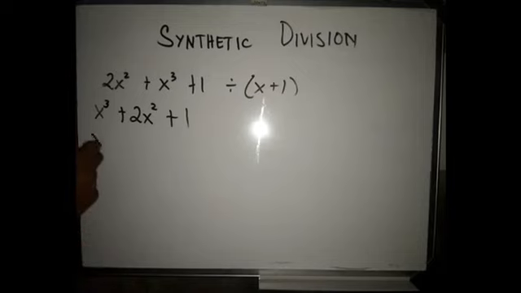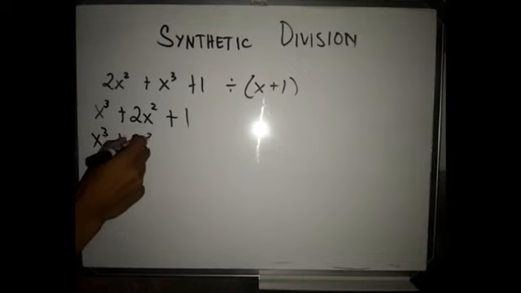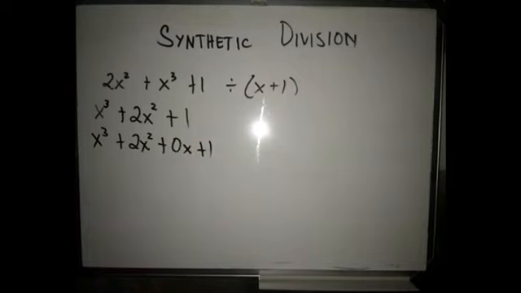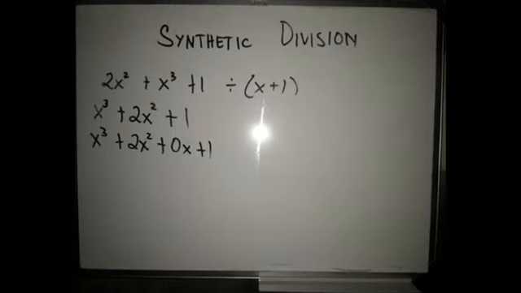So that would be x cubed plus 2x squared plus 0x plus 1. Kaya nga, we gave emphasis a while ago that when we are dividing polynomials, we have to ensure that the polynomial is written in standard form before we can do the process.